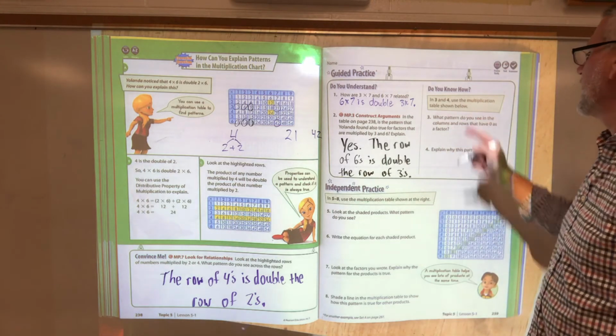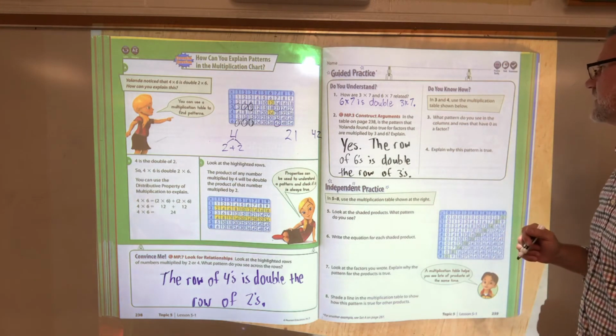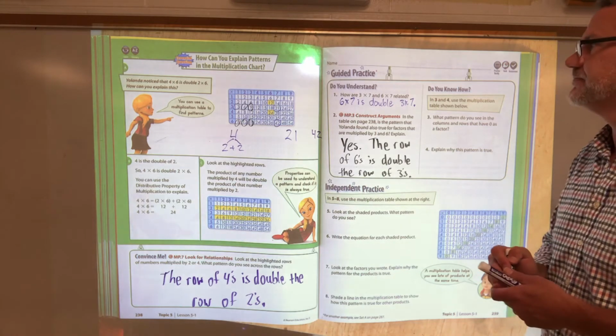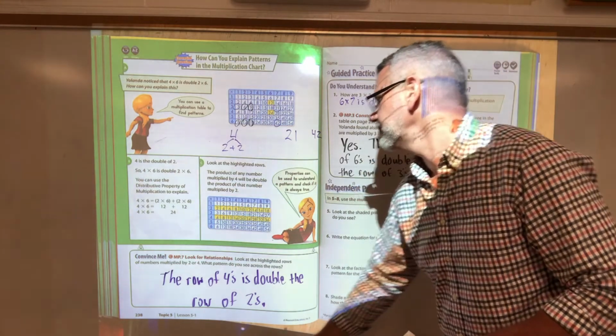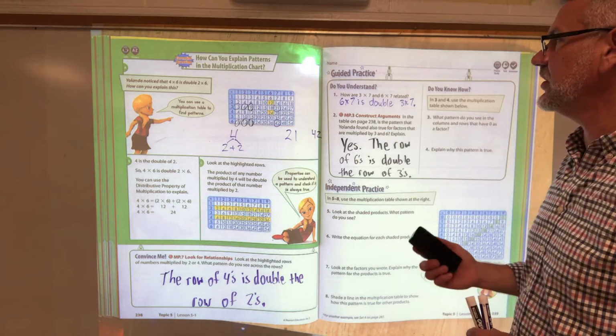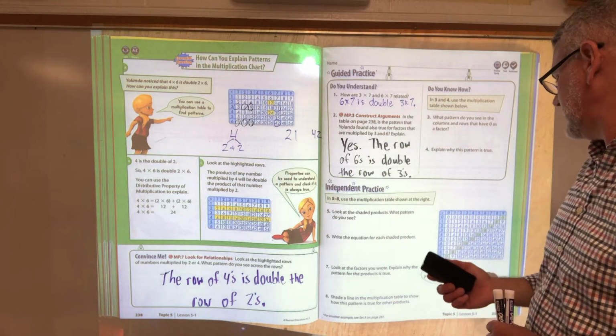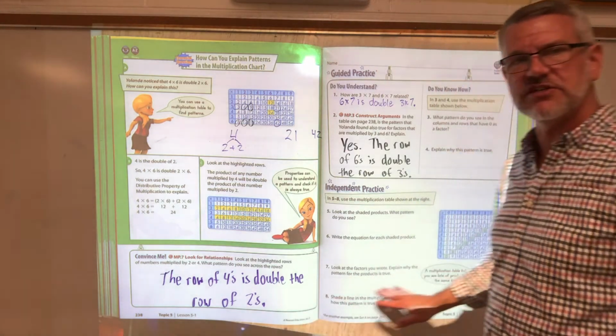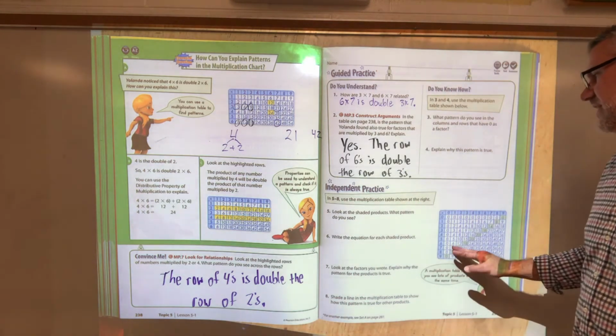Okay. What pattern do you see in the columns and rows that have 0 as a factor? Well, you'll have to jump over here to this one to find that out.